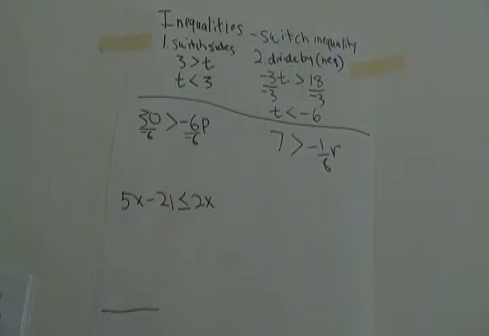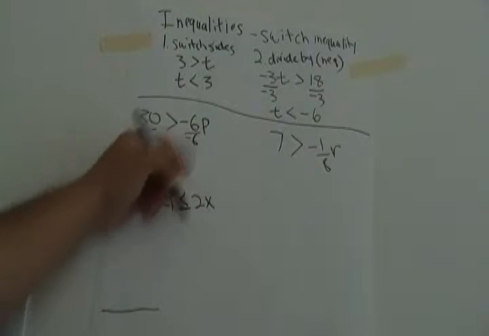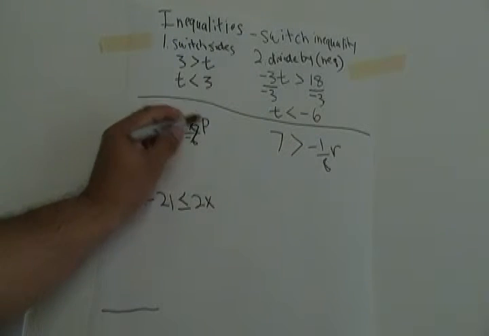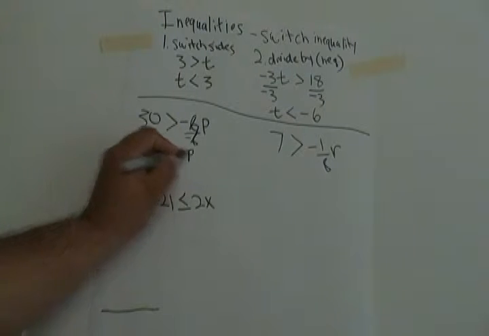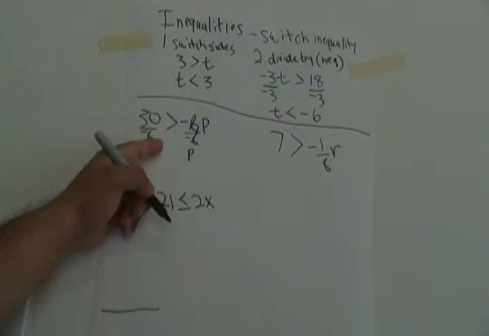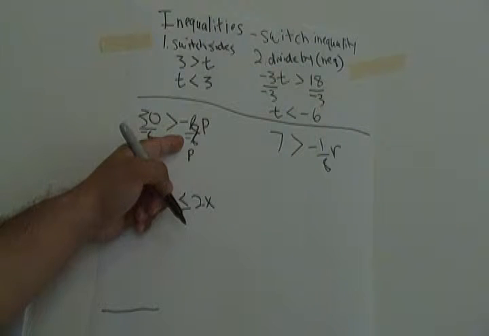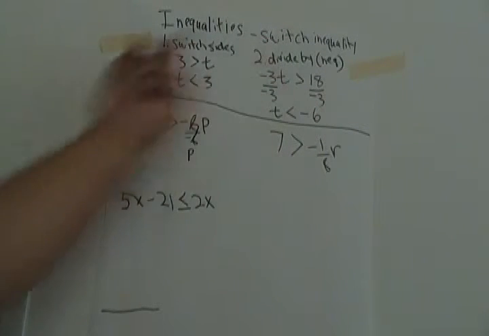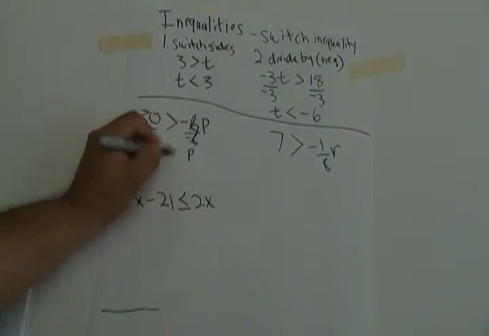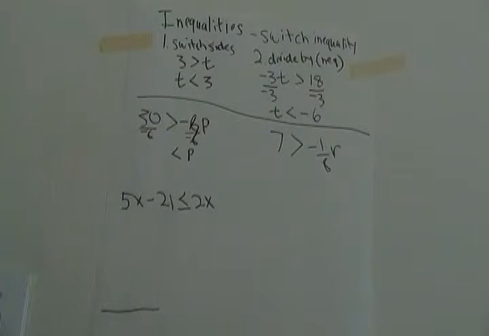Okay, so negative 6 divided by negative 6, we cancel that out. Let's bring down p on the right side. But because we divided by a negative 6, a negative number, we have to switch the inequality. So the greater than is going to be a less than sign.